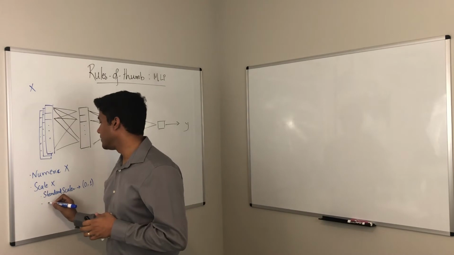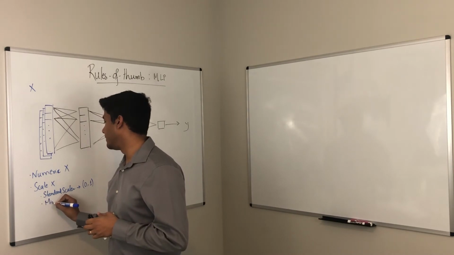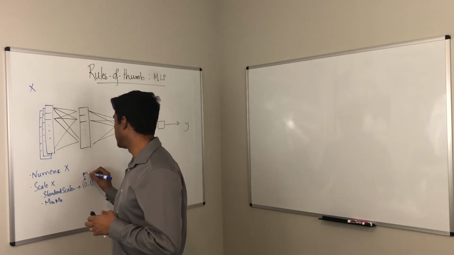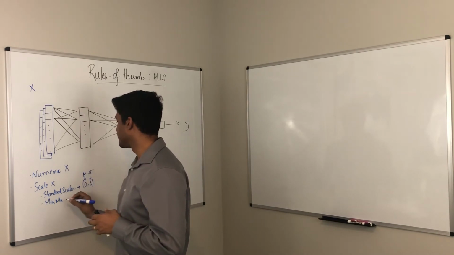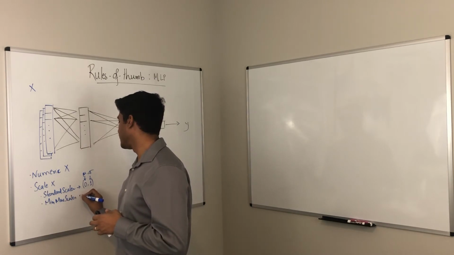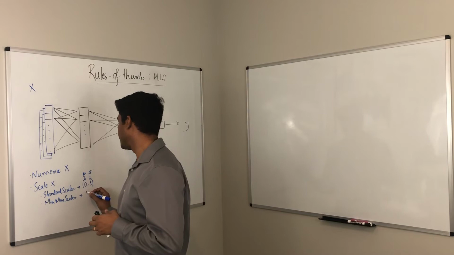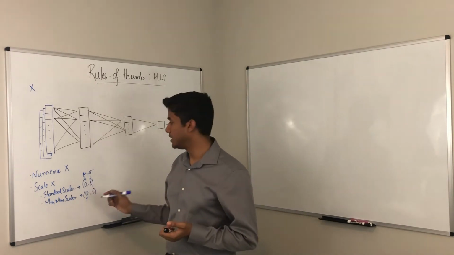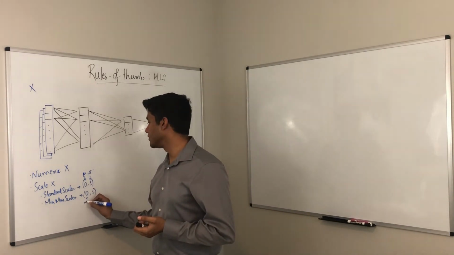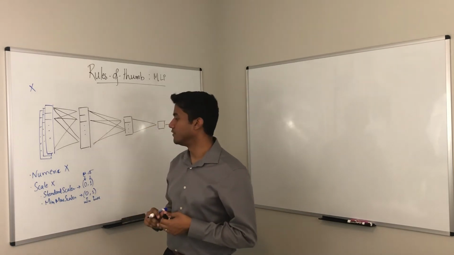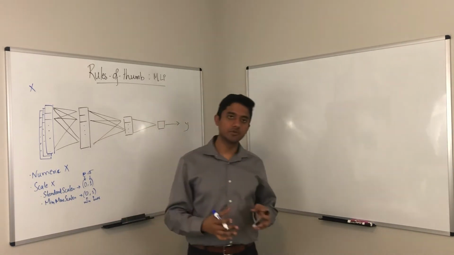And the other good choice is min-max scaler. This is mu and this is sigma. Min-max scaler brings each feature in your data between 0 to 1. So this is min and max for each of your features. Between these two, which one to use?